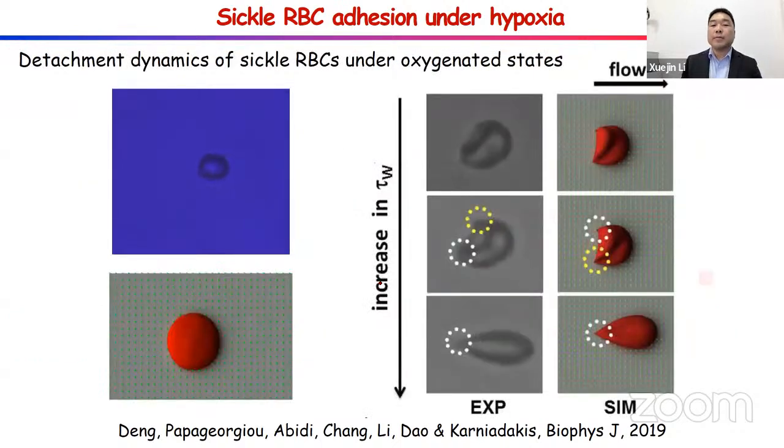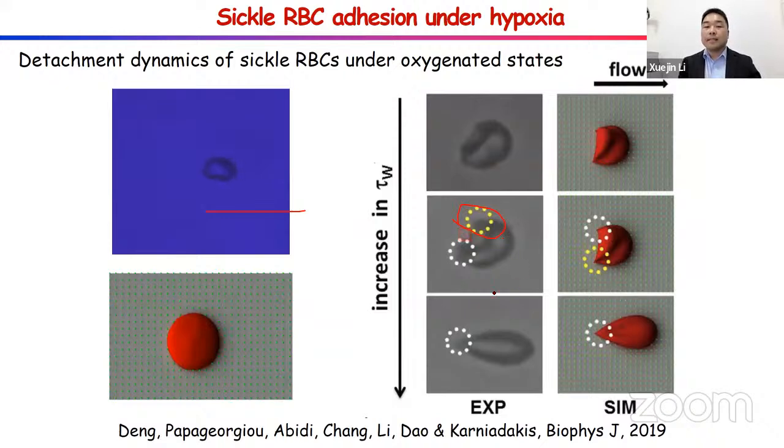And here's the video showing the cell detachment process. We find that the adherent cell is deformed under shear, right? Then we increase the shear stress. The weaker adhesion site is ruptured first, like this, the yellow dotted lines. This is a weak adhesion site, so it's ruptured first.